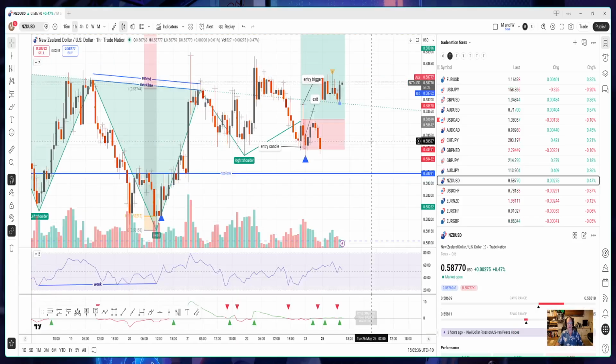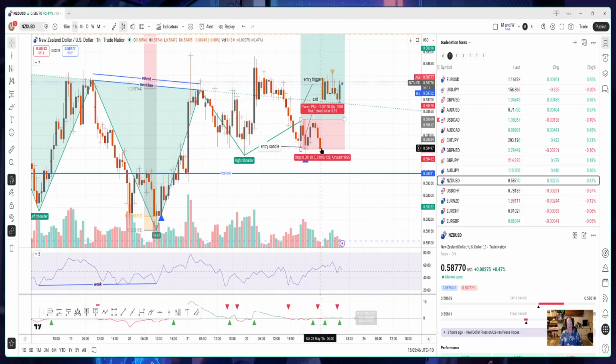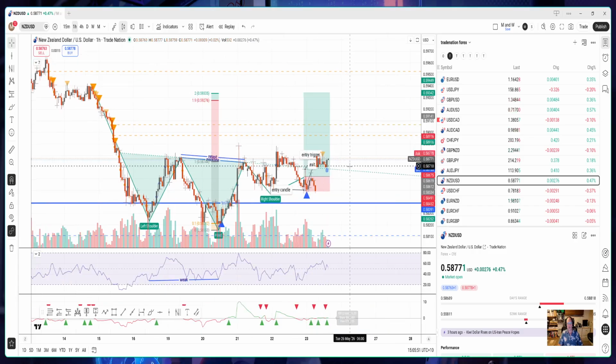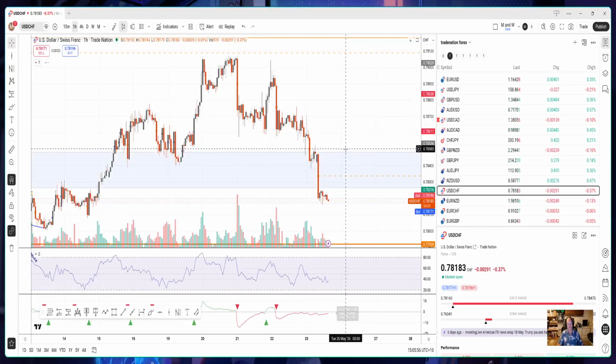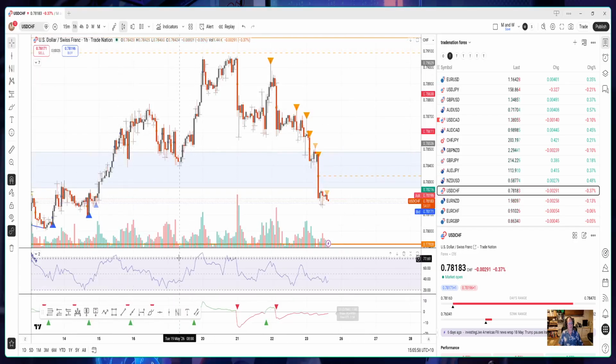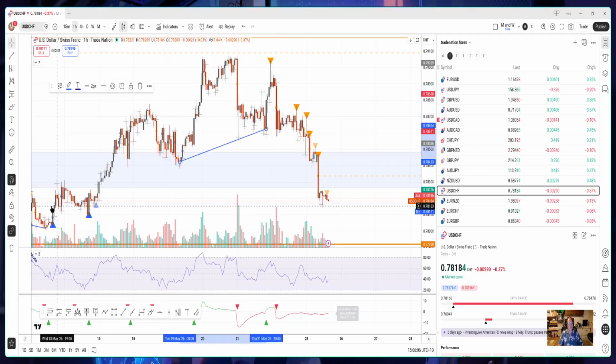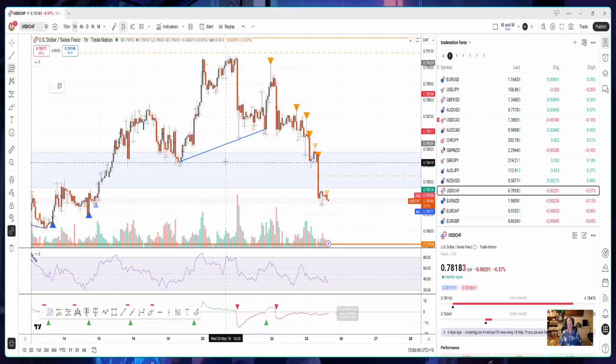New Zealand US, same thing. I got this. I entered on this engulfer, and there's a pin bar after it, which would have been a much better entry. But then, yeah, it would have been fine if I entered there. Anyway, there's nothing on there right now. That's a head and shoulders. A weird one, but it's already gone like half the profit by looks. And what would be the shoulder of that, I guess? And then you'd say, oh, maybe here.